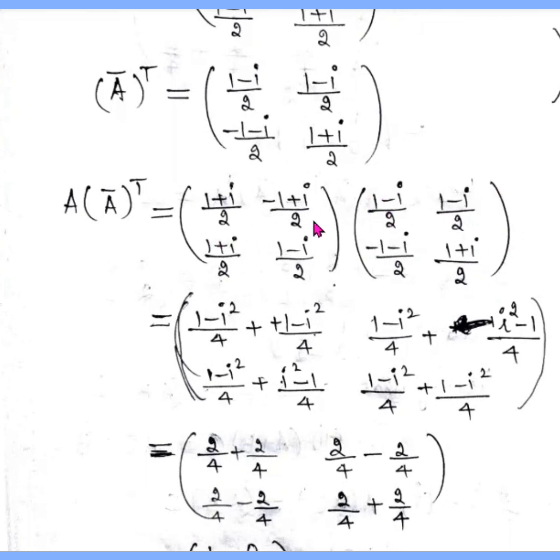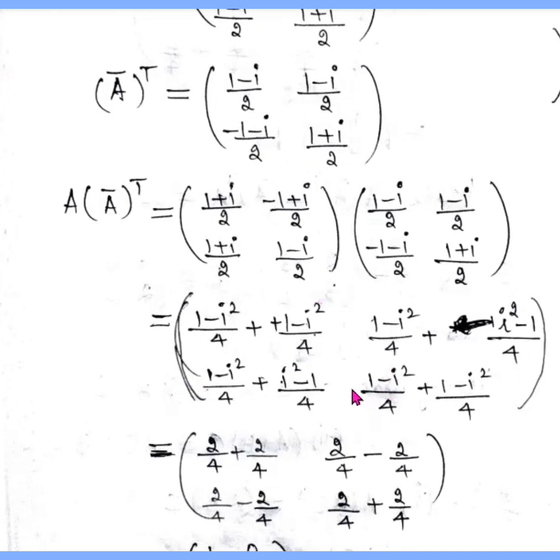First row, first column: (1 minus i) square divided by 4 plus (1 minus i) square divided by 4. First row, second column: (1 minus i) square divided by 4 plus (i square minus 1) divided by 4. Second row, first column and second row, second column are computed similarly.